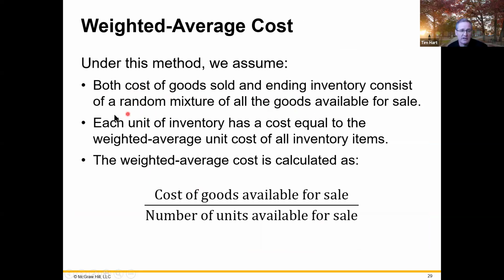Each unit of inventory has a cost equal to the weighted average unit cost of all inventory items, and the calculation is cost of goods available for sale, that total inventory available for sale, divided by the number of units available for sale. Much more practical to count the number of clothes rather than keep track of every single item of clothing.